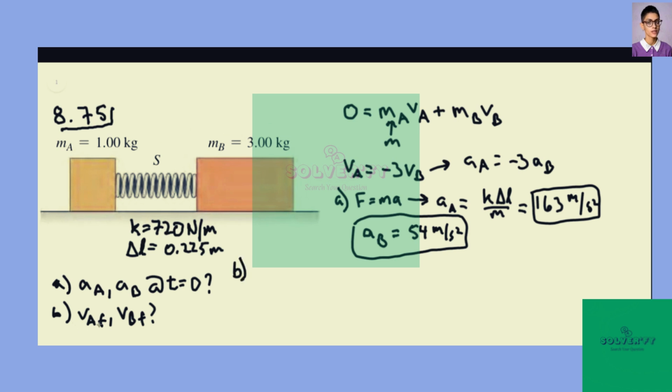Now, for part B, this turns into a conservation of energy problem. Our initial potential energy is 1/2 k delta L squared.